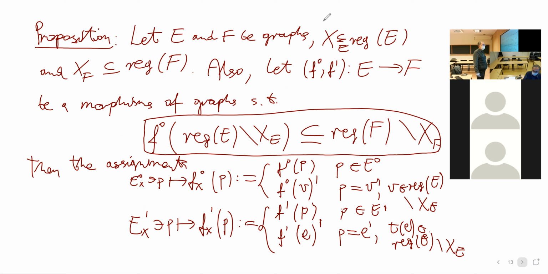But in particular, nobody can stop us from taking X_E to be empty and X_F to be empty. So if you want this to work in some reasonable way, you must map regular vertices to regular vertices. Otherwise, all this collapses.